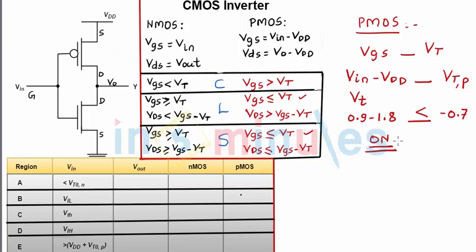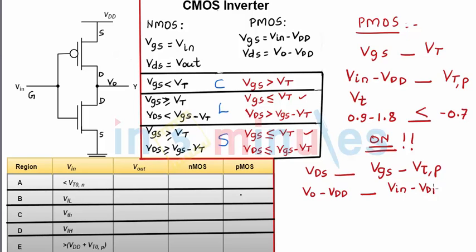What I need to identify is whether my PMOS transistor is in linear or in saturation region. For that, let's quickly write VDS versus VGS minus VTP. VDS is Vout minus VDD. VGS minus VTP is Vin minus VDD minus VTP. VDD gets cancelled. Vout and Vin both are same.